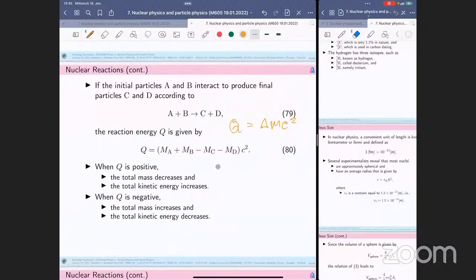When the mass difference is positive, the Q, the reaction energy, is going to be positive. When the mass difference is negative, the Q, the energy from the nuclear reaction process, is negative.